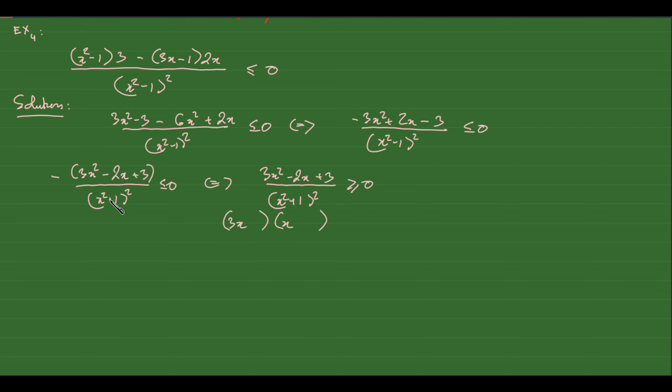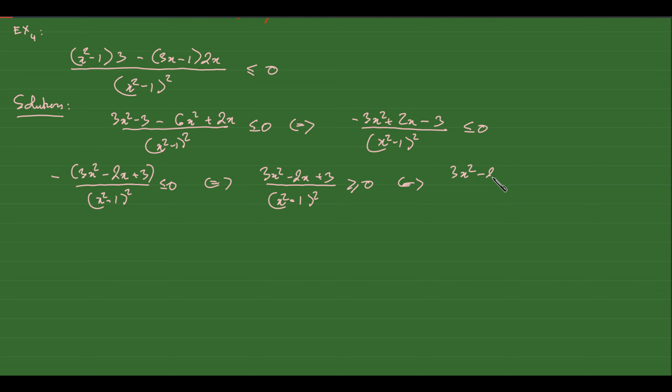I don't know why I changed this to positive. Okay, can we factor this? Not. Alright, it looks like we cannot, because no matter what I put, if I put 3, 1 over here, or 1, 3 over here, it doesn't work either. So this one you cannot factor. So you have to leave it there.